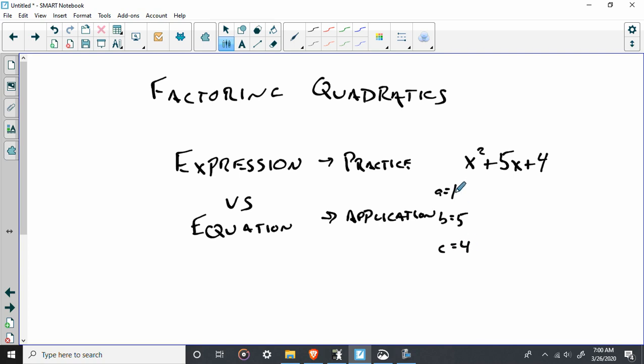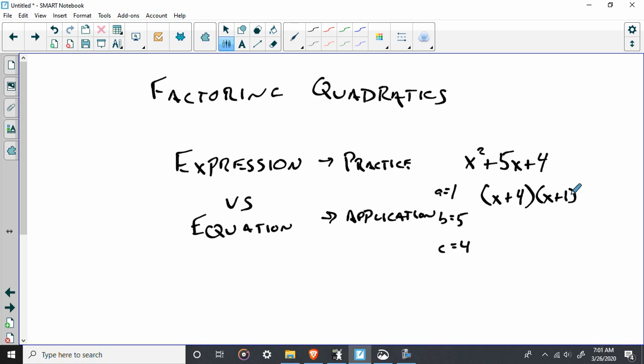Since a is equal to 1, we can continue, and we're looking for the factors of 4 that add up to 5. In other words, give me two numbers that multiply to make 4 but add up to make 5. Those are 4 and 1: 4 times 1 makes 4, and 4 plus 1 makes 5. So we're saying x plus 4 and x plus 1. We said that this was standard form and this was factored form.